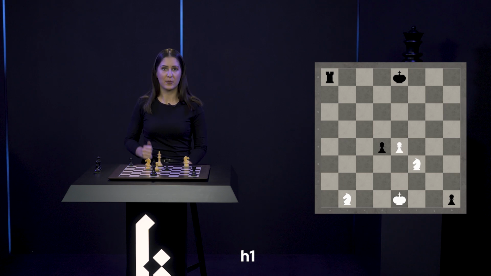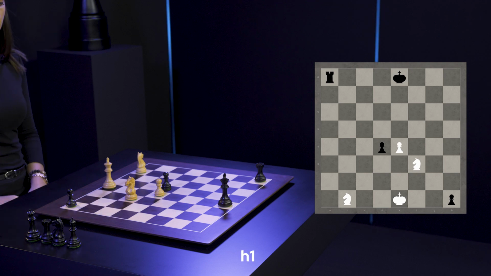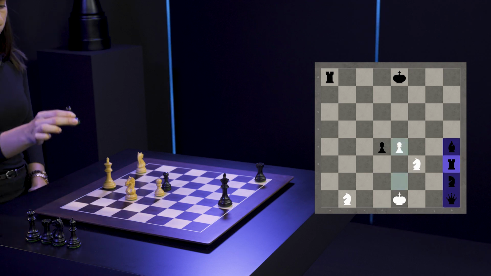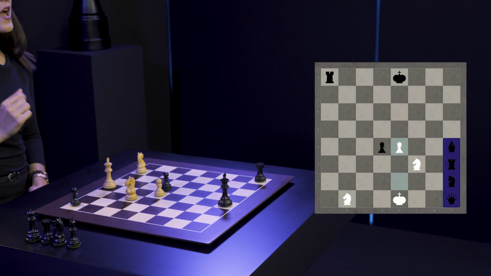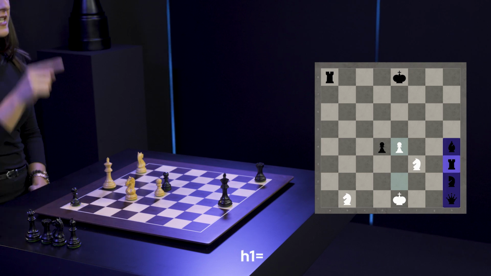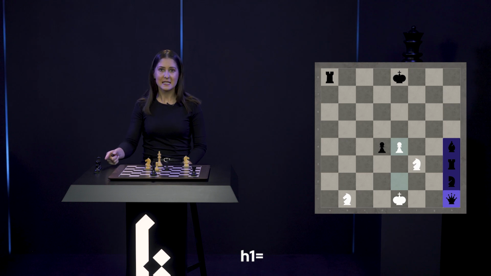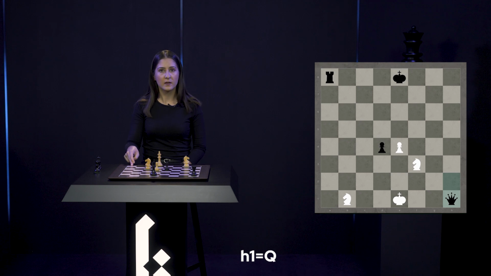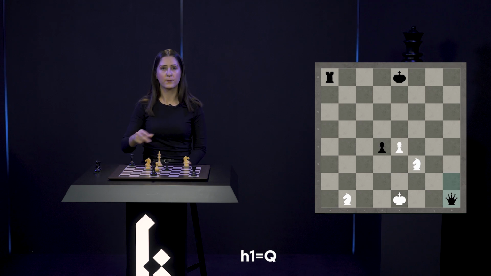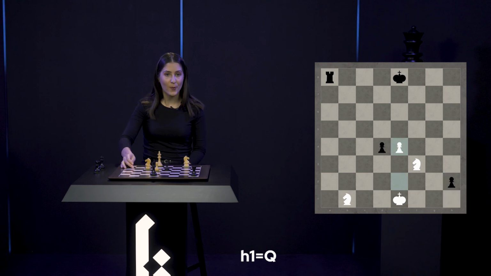But it's not just that, because here you're doing the move H1, and then you're changing your pawn for another piece. So you have to write H1, then the equal symbol, plus the initial capital letter of the piece that you want to take. If you take the queen, you will write H1 equals Q, queen. This is for the promotion.